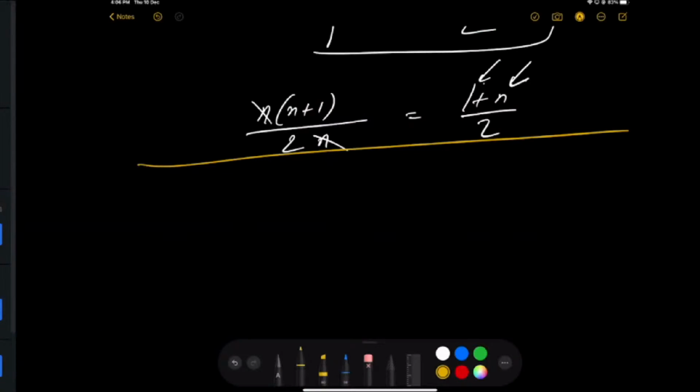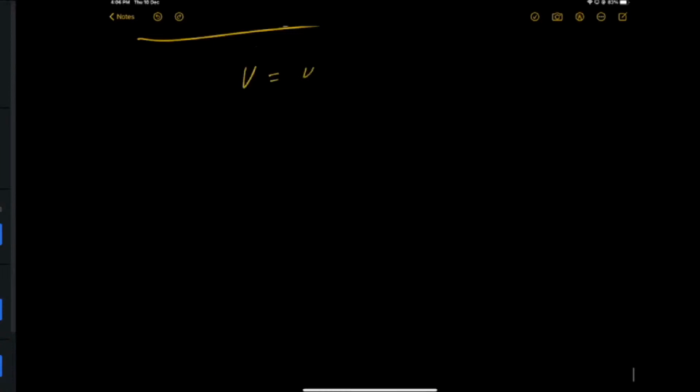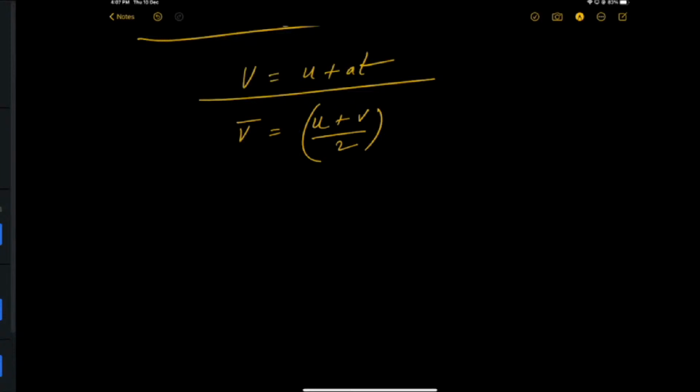So we derived one formula already, which was V equals U plus AT. This we already derived. And I just now said that average velocity is equal to initial velocity plus final velocity divided by 2. Okay. Next, one more thing.